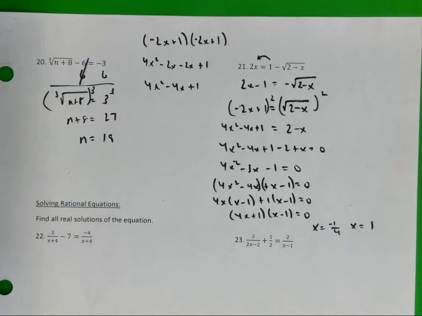You always have to check in radicals if you got more than one, because you transferred from a radical to a quadratic. You might have an extraneous solution.